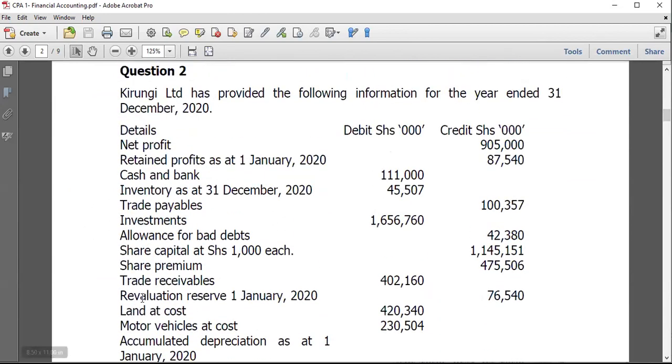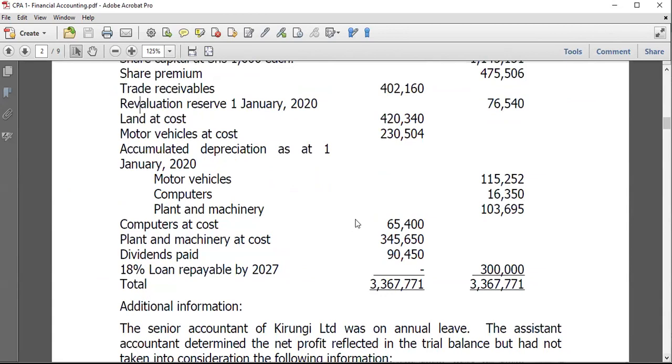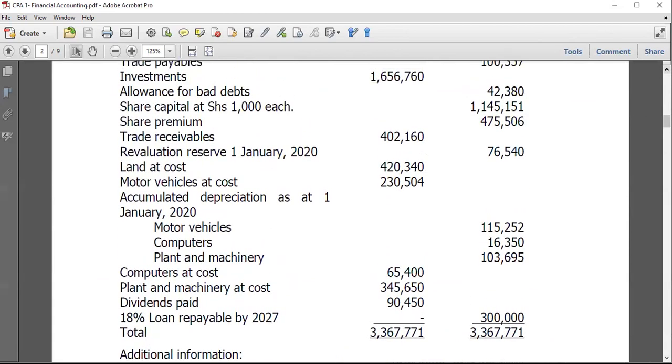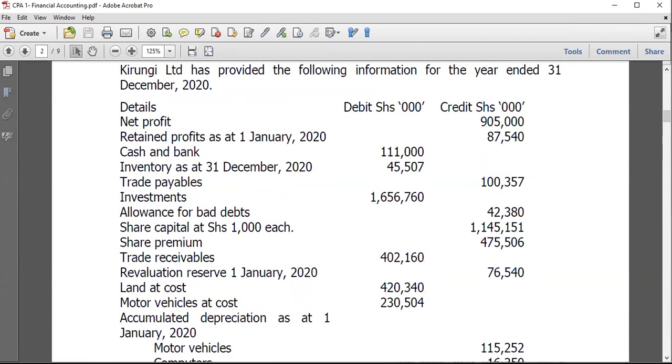So let's just see if we have a rent amount. Okay, I don't seem to see rent. I don't know if that was recorded. The reason I think rent has not been shown is because it's part of the net profit. So it is part of the expenses.